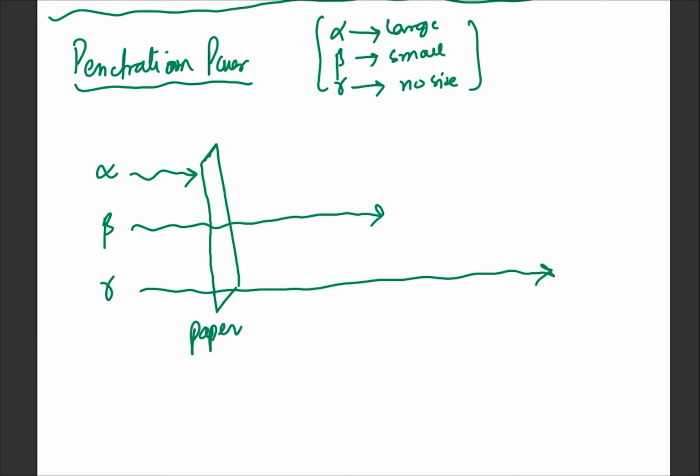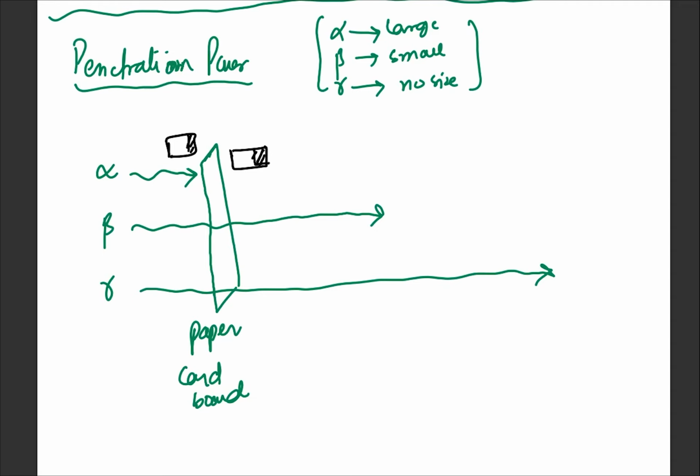So if you have a piece of paper or cardboard, if you place that in front of an alpha source, you will get no reading after placing the GM tube over here. So if I had placed the GM tube over here, I will get no reading if it was alpha. But if I had placed the GM tube over here, I would get the reading on the counter.